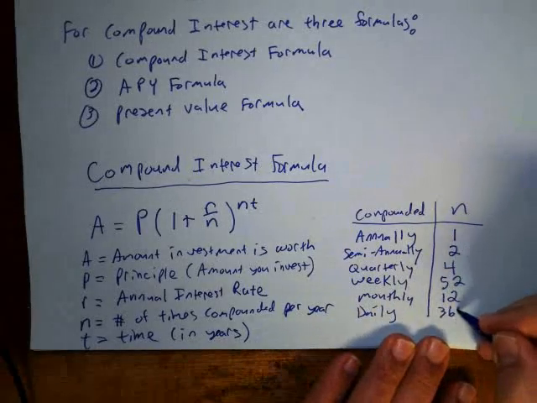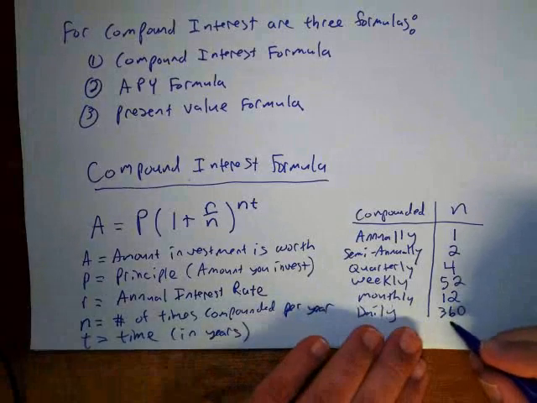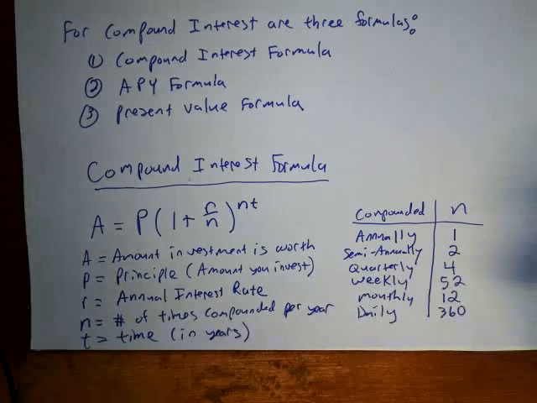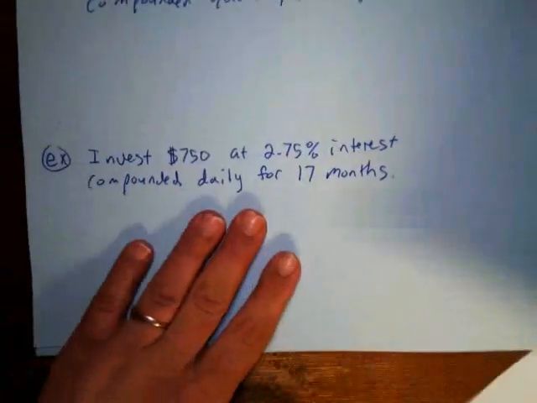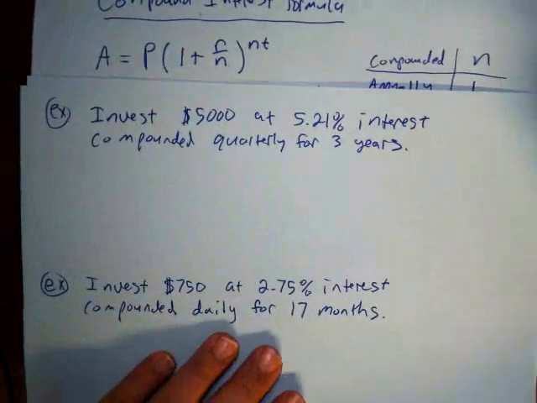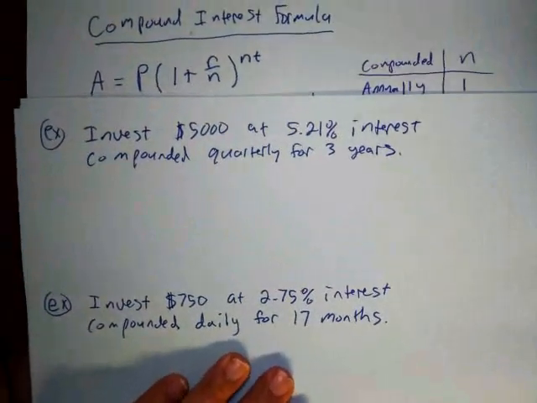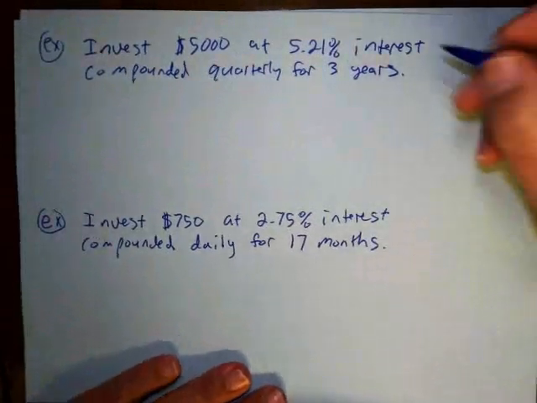Daily is 360 times a year, and notice daily here, we're using the banker's rule, 360 times a year. Let's do some examples of this. Maybe I can write the formula up here.